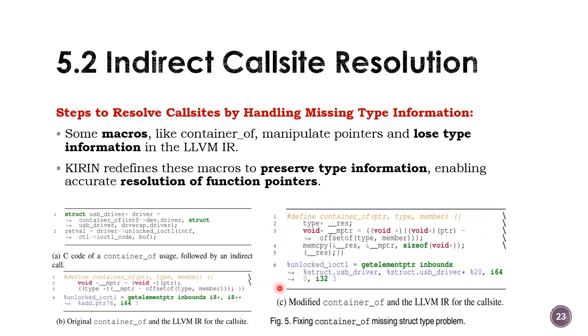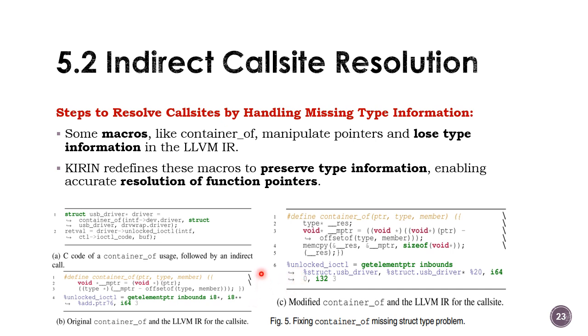And at the last of the unlocked IO control, we clearly specify it is a struct of USB driver. So the modified macro clearly specifies the type, and after computing, it will definitely be a struct.